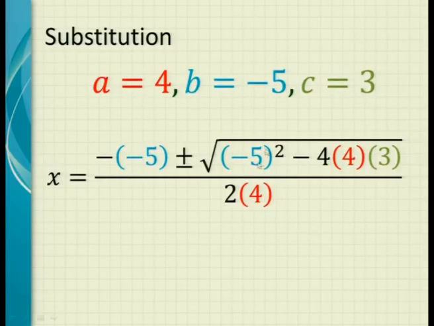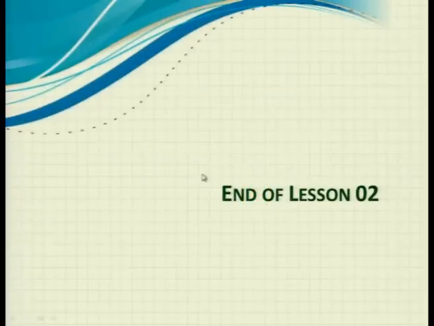B is minus 5 squared, minus 4AC, there's my A, there's my C value, all of that over 2A, and again the A is 4. If you use this methodology, it makes it easy to substitute. In the next lesson, I'm going to show you how to use your calculator to solve these equations to make sure you get your marks. That's the end of lesson 2. Goodbye.